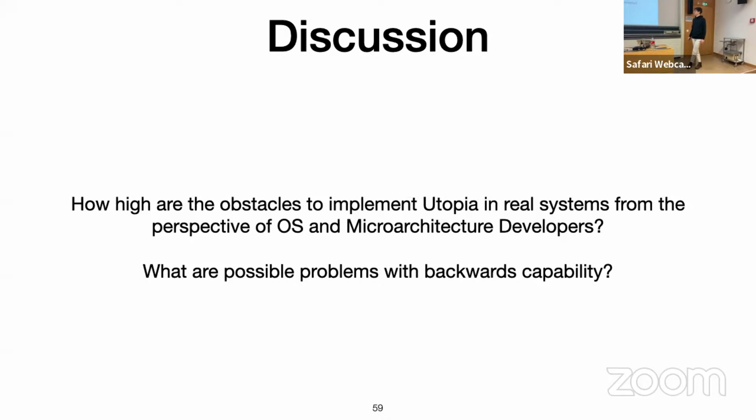So, first point of discussion: how high are the obstacles to implement Utopia in real systems from the perspective of OS and microarchitecture developers, and what could be possible problems with backwards compatibility? So I guess, as I already mentioned in the weaknesses, the cost to implement it would probably be very high, because you have to coordinate between the OS developers and also the hardware developers, so they have a working architecture.